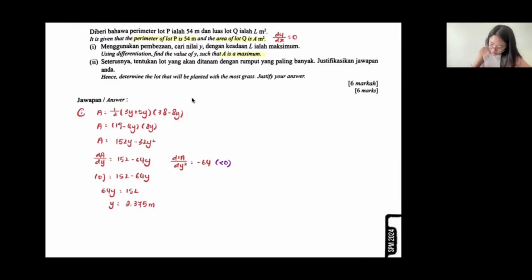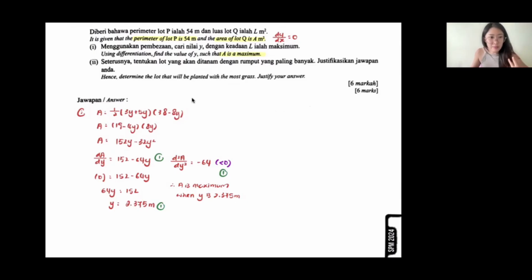So A is maximum when y is 2.375 meters. They want you to find y only. That will be your answer for part 1, 3 marks: 1 mark when you differentiate, 1 when you get y, and 1 to prove that it is a maximum.